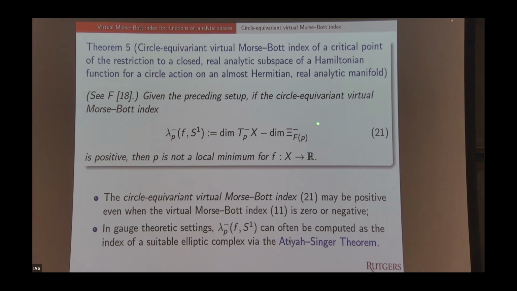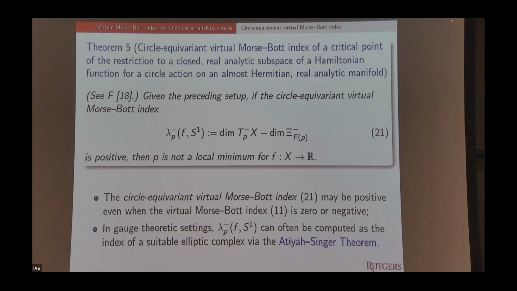And then rather than subtract off the dimension of the full Kuranishi type obstruction space, there is also in this picture a circle action that's induced on the Kuranishi type obstruction space, and that also splits up into a zero weight subspace, a positive weight subspace, and a negative weight subspace for the circle action.